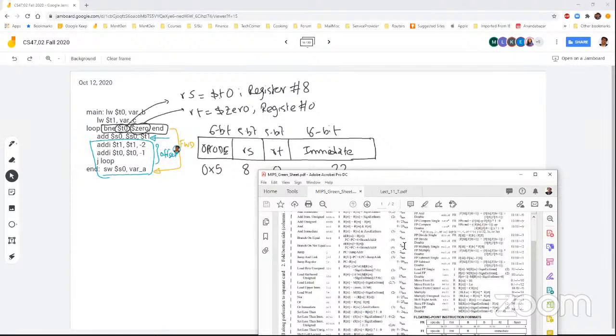So this will be 1, 2, 3, 4. So plus 4 would be my immediate value. Now we have every piece of information to compose the machine code.